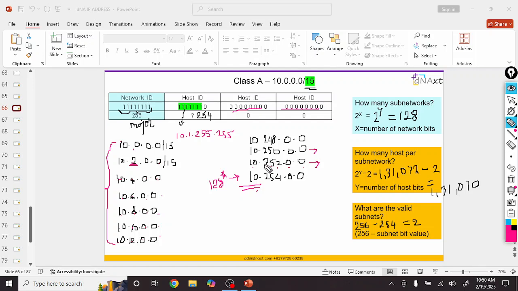The next subnetwork has 252 in the second octet, so its previous number is 251, which will be the number in the second octet of the broadcast ID of the previous subnetwork. Here it will be 10.249.255.255. So these are the broadcast IDs of these different subnetworks.